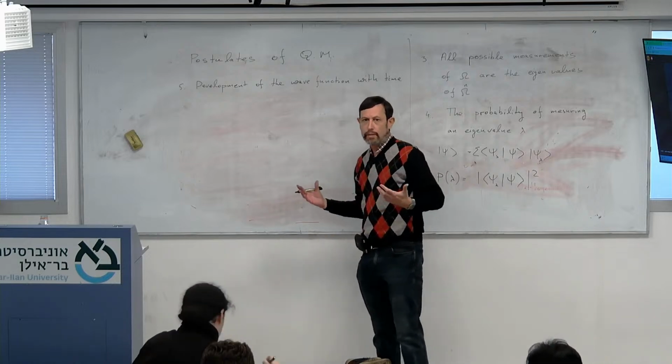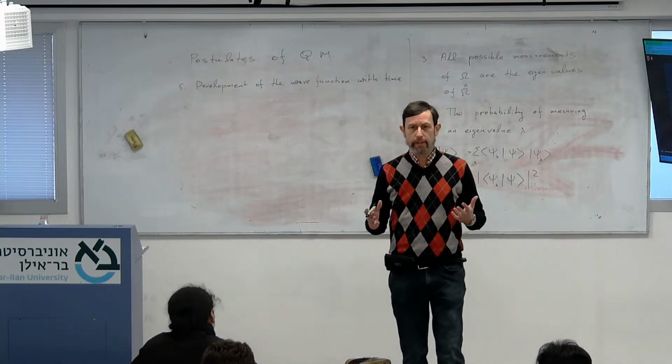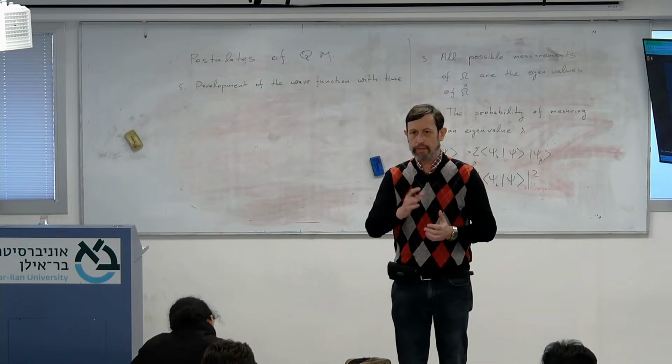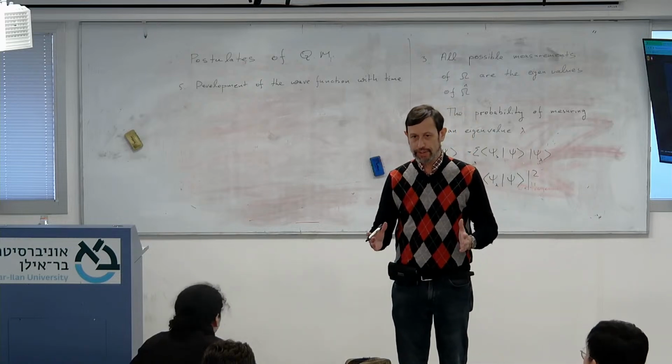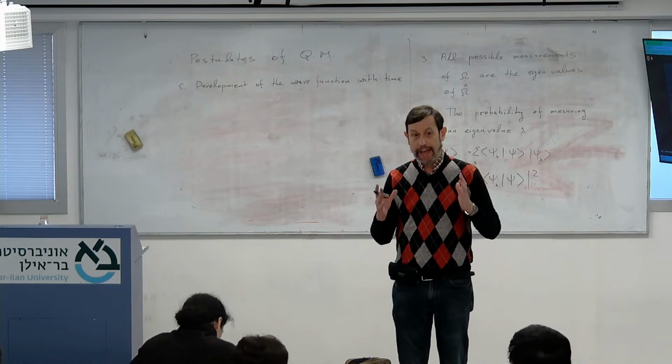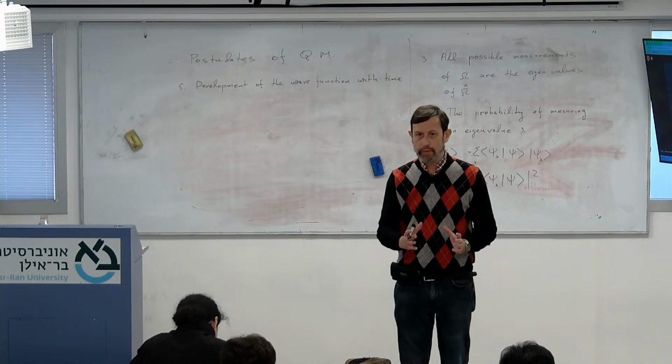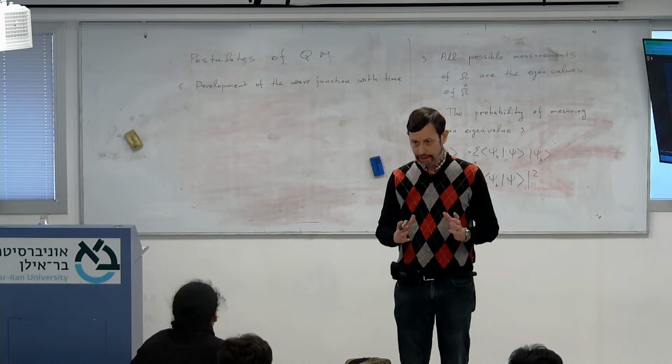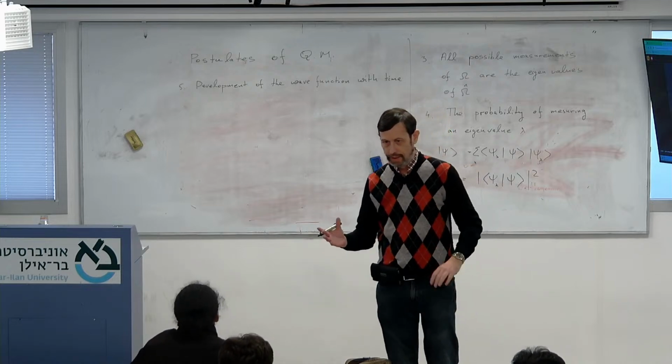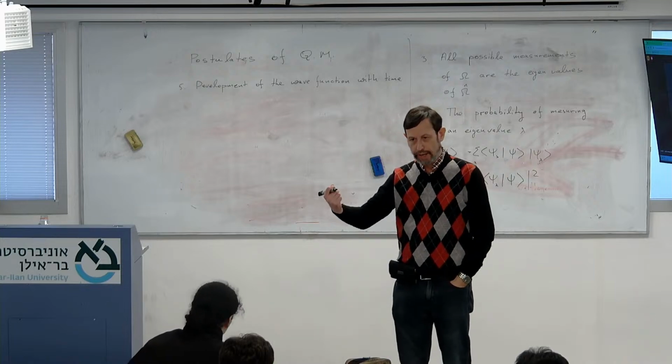Until now, all these postulates describe the situation where someone comes and gives you a wave function and asks what you can measure and what is the probability of measuring any physical quantity. You have to pull out the operator.